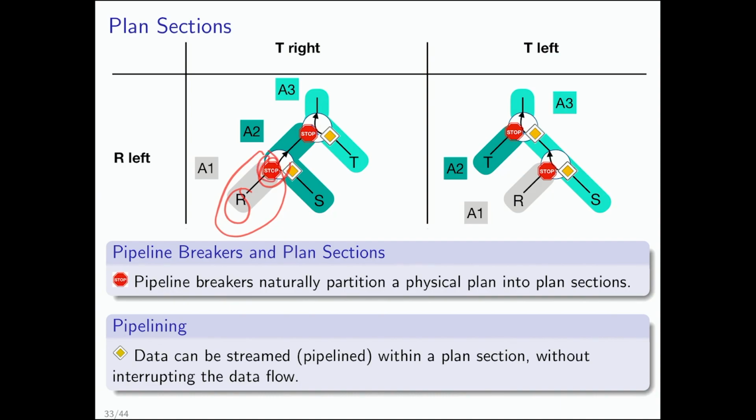This pipeline breaker is the insert operation, the build operation on the hash map. Then the next plan section is this, from S, probing this hash map, building the next hash map here. And there's a third plan section, from T, probing the hash map here, and then producing the result set. Those are plan sections.